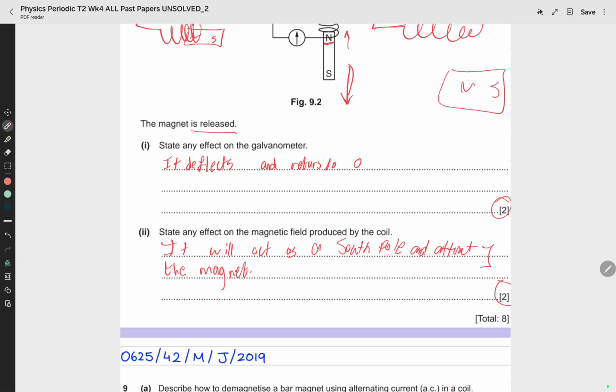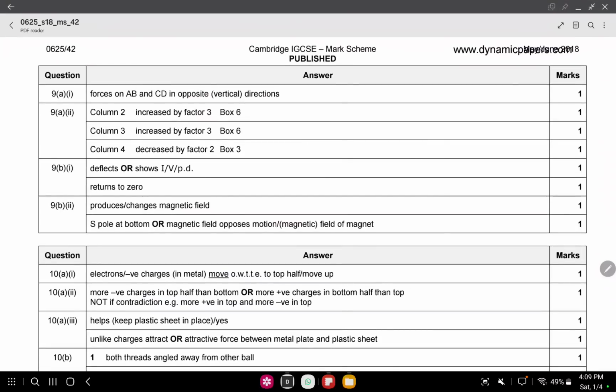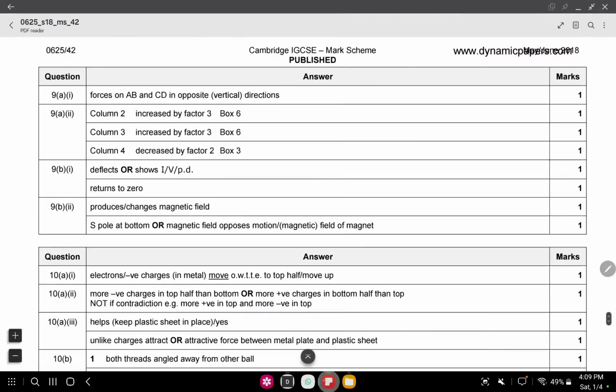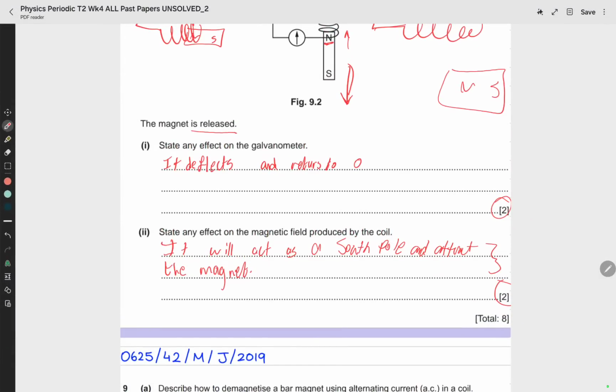I think if you say this, you should get 2 marks. But they're counting the first mark, 1 mark for saying that it produces a magnetic field. From what I'm saying here, it means it produced a magnetic field, obviously. So to be on the safe side, if you see a question like this, state any effect on the magnetic field. Obviously it's changing, right?